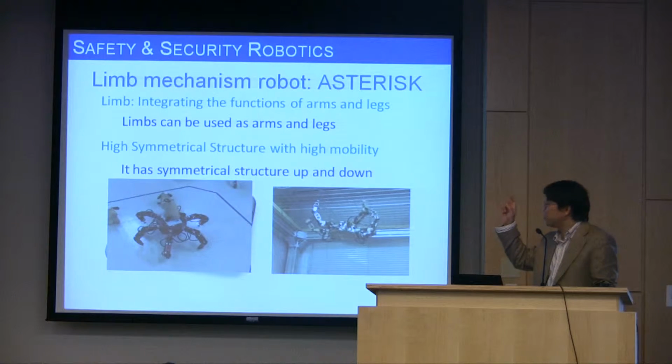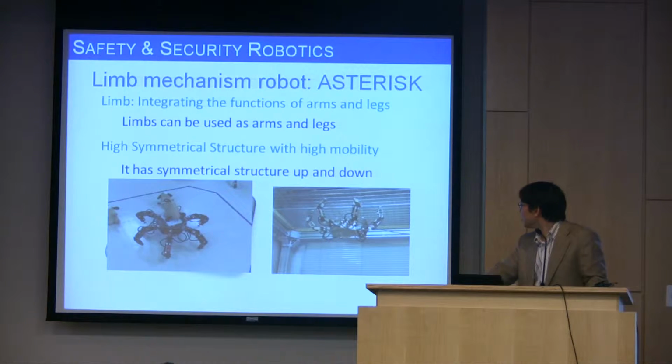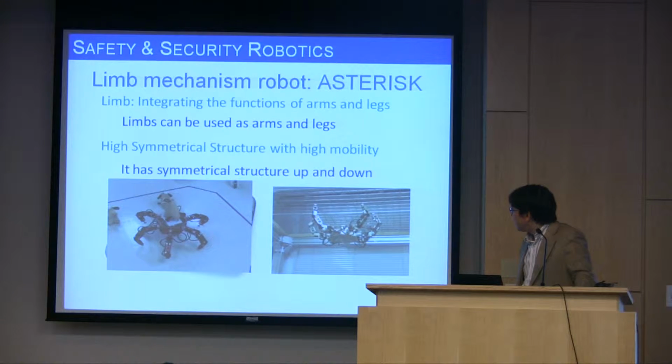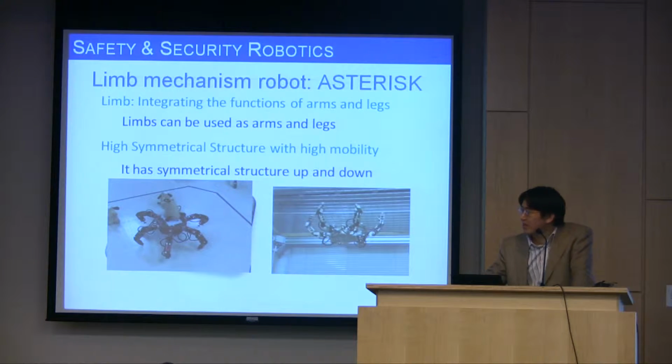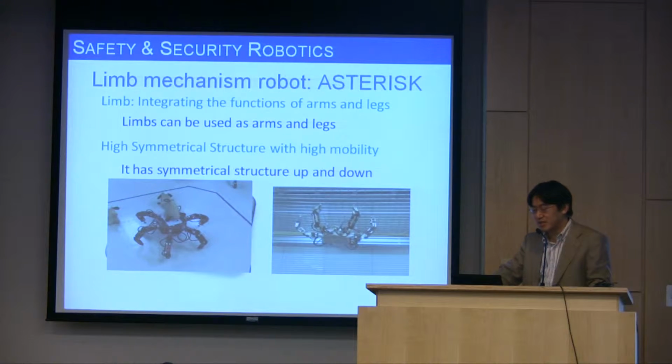The robot hooks its limbs to the lattice of the ceiling, and when it goes down from the ceiling, it has a wire and uses a winch to go down to the floor.